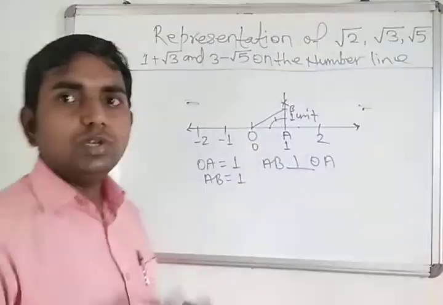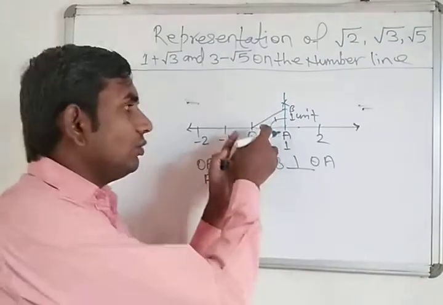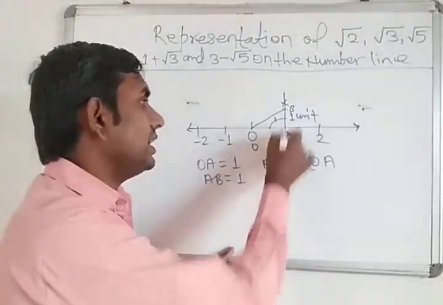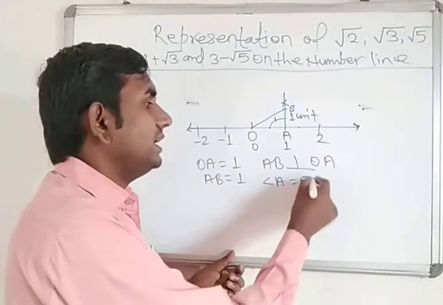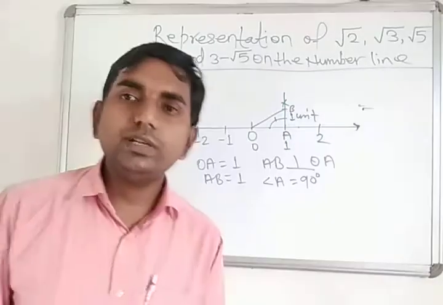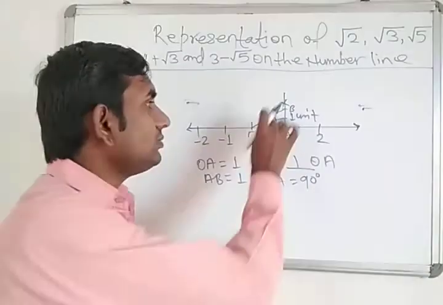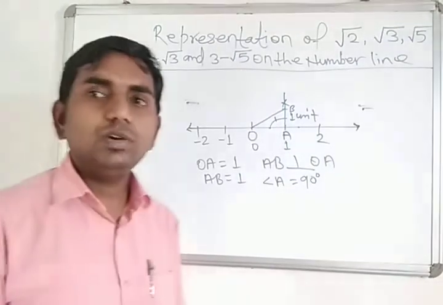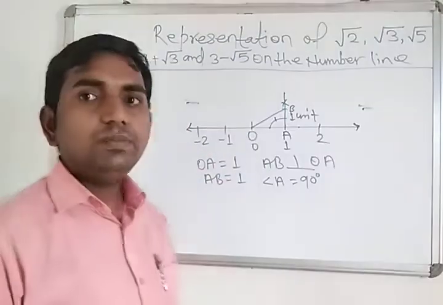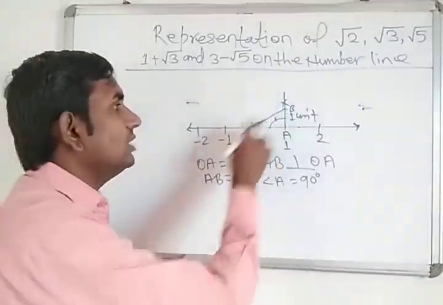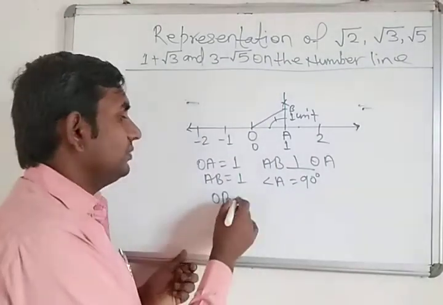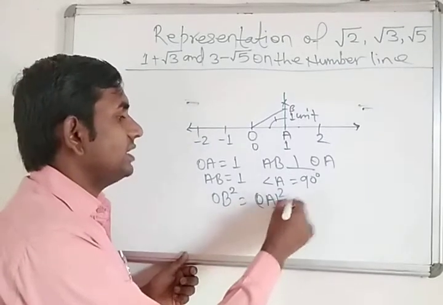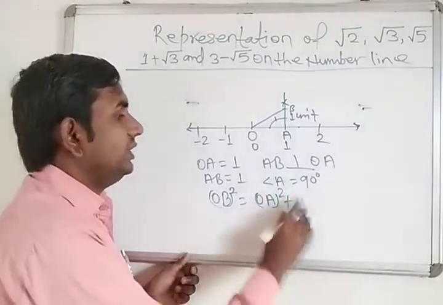Now by use of the Pythagoras theorem, we find a right angle triangle. In the right angle triangle, angle A is equal to 90 degrees, and we know by the Pythagoras theorem that the hypotenuse square is equal to the sum of the squares of the perpendicular and base. So OB square is equal to OA square plus AB square.